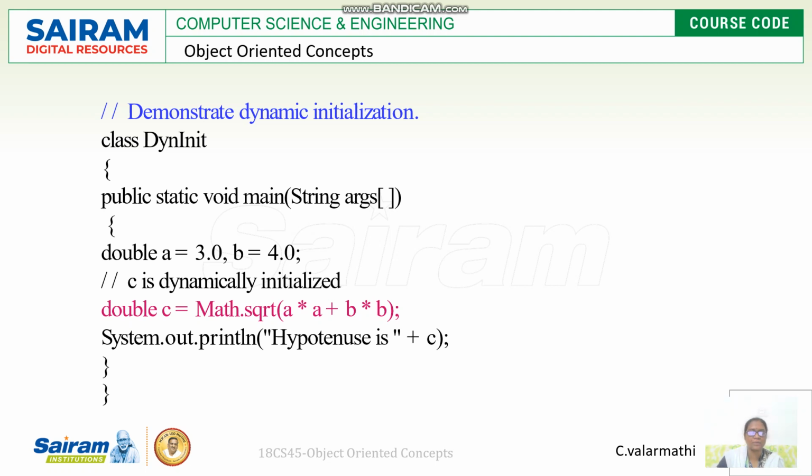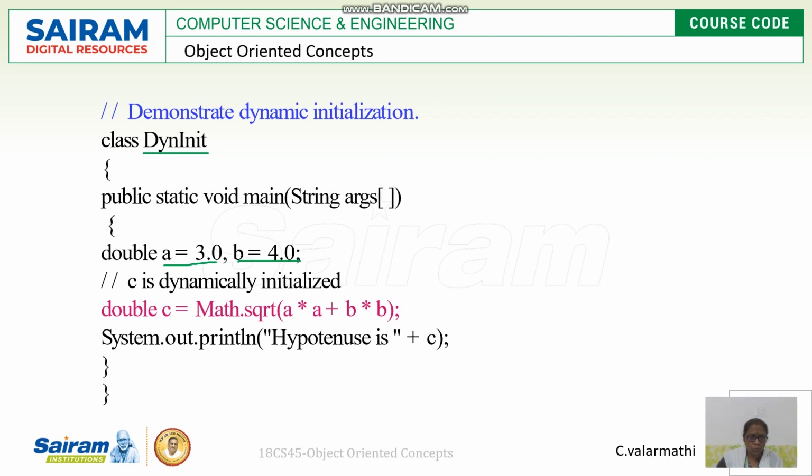I will come up with one example here. This example Java program shows dynamic initialization. It starts with the class name DynamicInitialization, then public static void main, and double a = 3.0 and b = 4.0 are my values. This is not dynamic initialization, as it is fixed at compile time, in the coding itself.